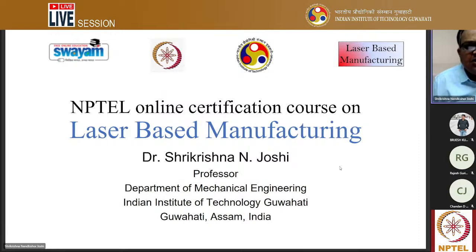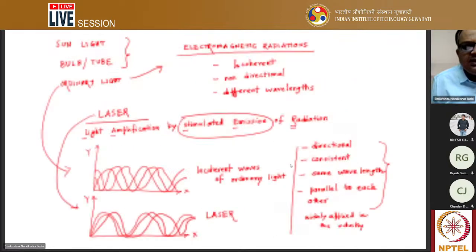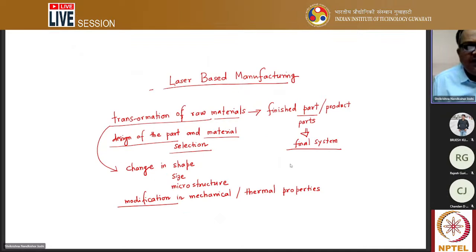Well, at the start of the course, we have seen the fundamentals or introduction of laser-based manufacturing. To start with application of lasers in manufacturing, we have seen what is the meaning of manufacturing, the definition of manufacturing. Of course, it is a transformation of raw materials into finished parts and products.